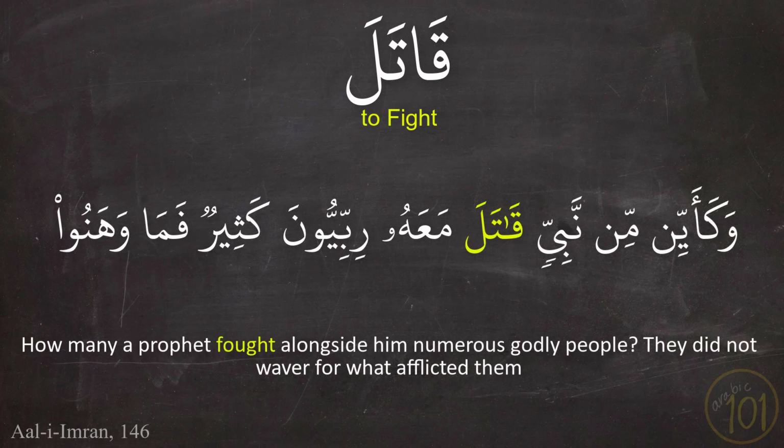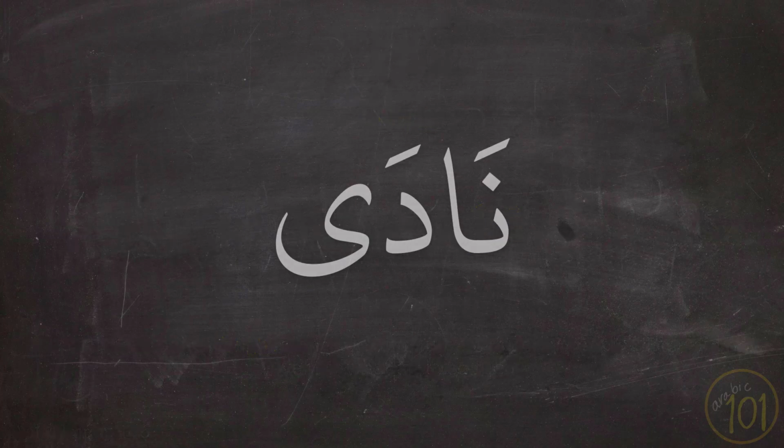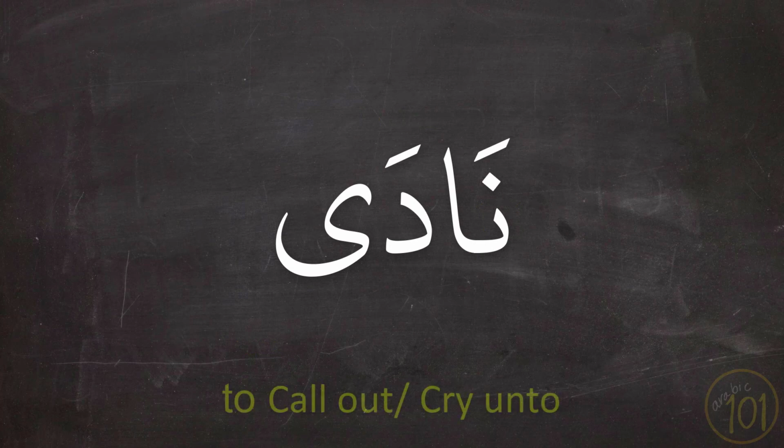وَكَأَيٍّ مِّن نَّبِيٍّ قَاتَلَ مَعَهُ رِبِّيُّونَ كَثِيرٌ فَمَا وَهَنُوا. The next verb is نَادَى, which means to call out or to cry unto.